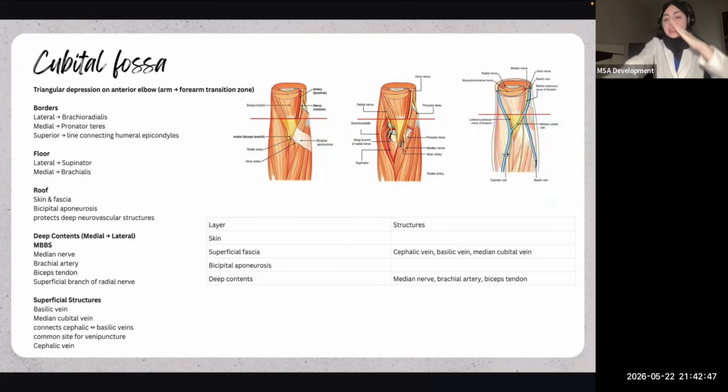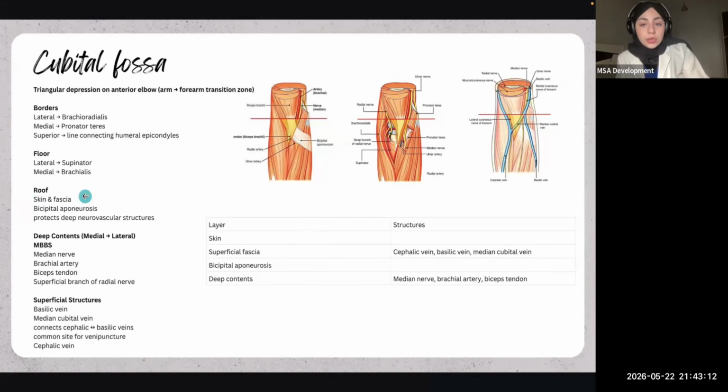It's bridging them. This connection is directly going to be at the superficial structures of the cubital fossa. Why is it important? Recall how when you go to the doctor, you probably had your vein punctured here for them to be able to draw blood. This is a perfect access for us to be able to retrieve blood because of this cute communication between the cephalic and basilic vein, okay?